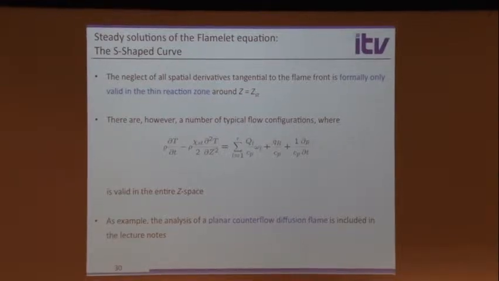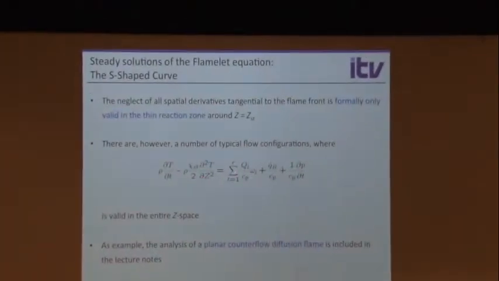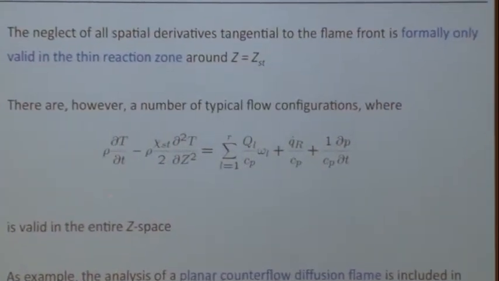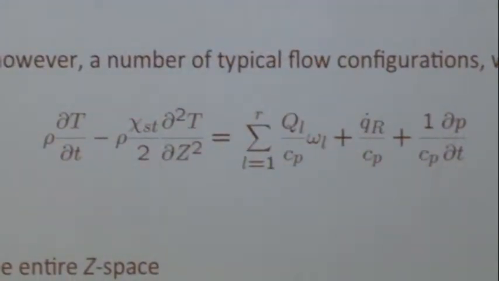If you look at these equations, forget about these last two terms here, and let's assume things are in steady state. It's not that everything is steady, just this flame structure itself is in steady state, which means you can neglect this dt by dt term, and you have just this term equal to the chemical source term.